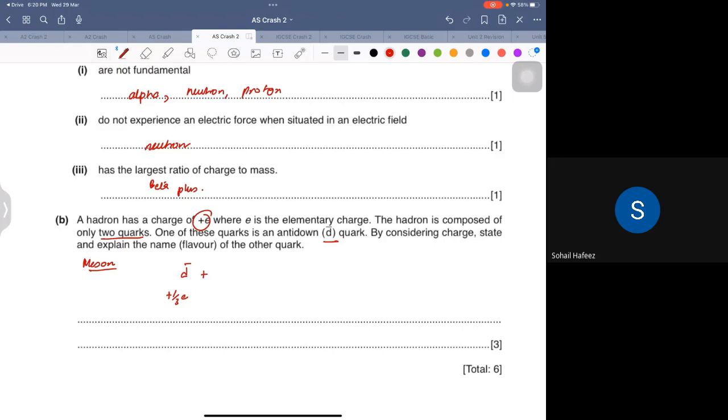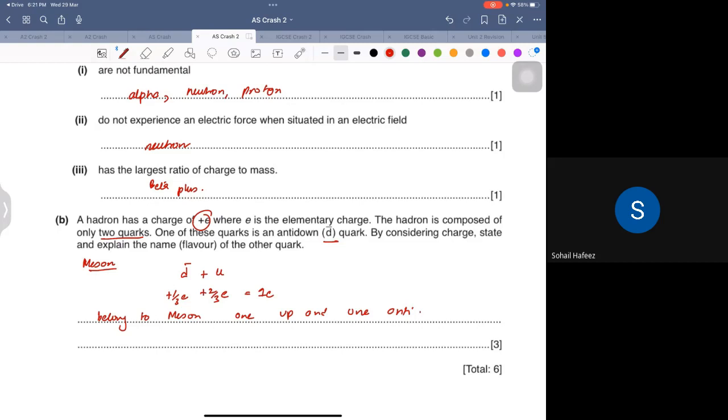It could be any type of up, top, or charm. Anything you can write. So this will be plus 2/3 E. That's going to give you 1E, and it belongs to Meson. 1 up and 1 anti-down.